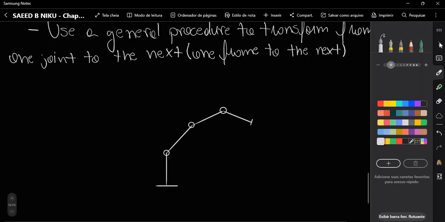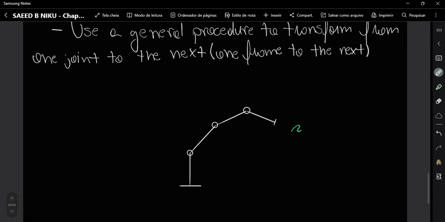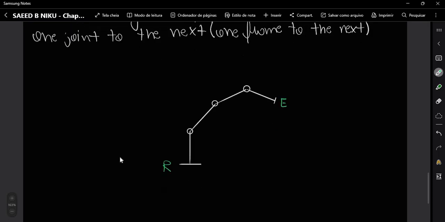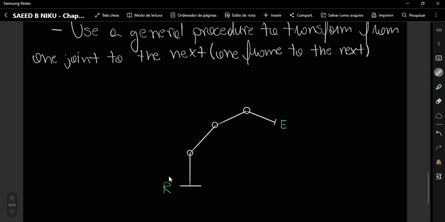Now let's name each of these links and the end frame. So we got the end frame, we got the base, and let's call this base the referential, so R, and the first joint, joint 1, the second joint, joint 2, and the third joint, joint 3.